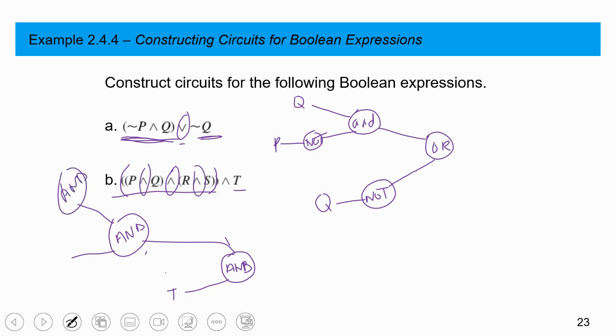So I have an AND with P and Q, and I have another AND with R and S. All right, so just a rough draft of what the circuits would look like.